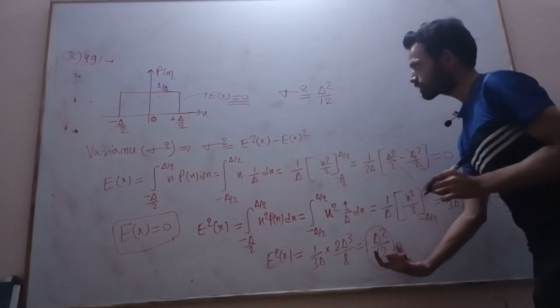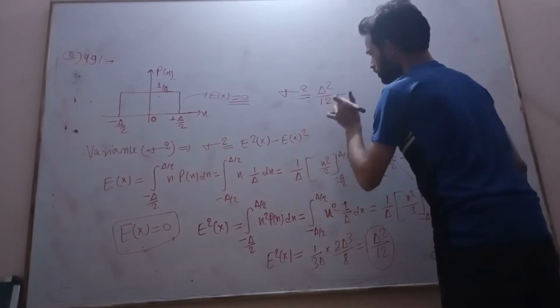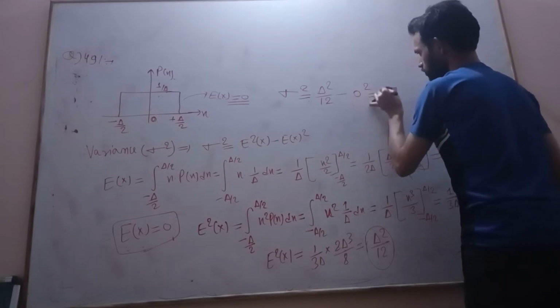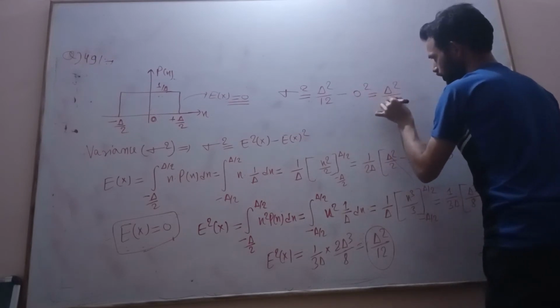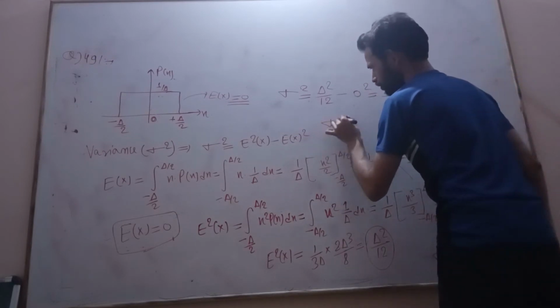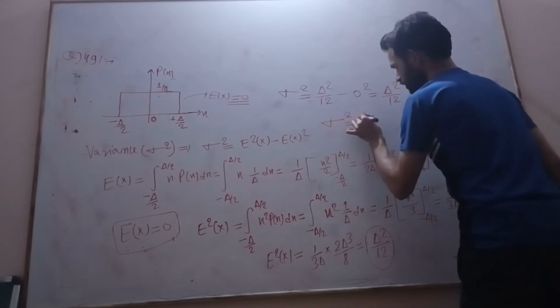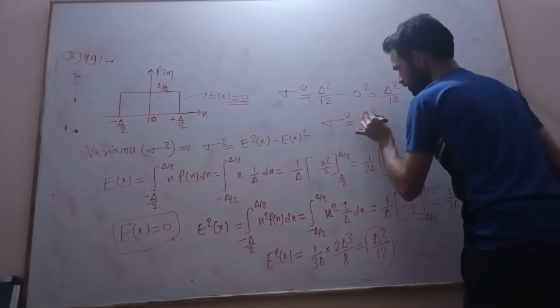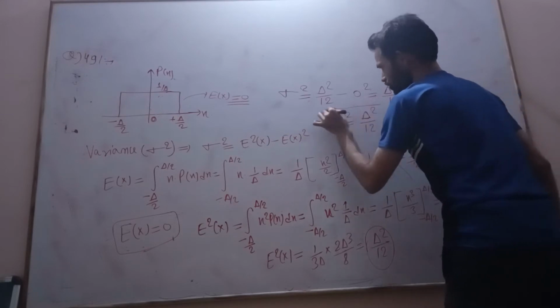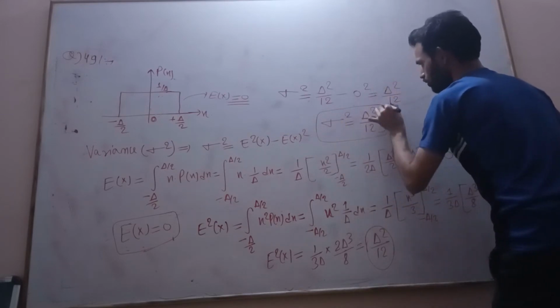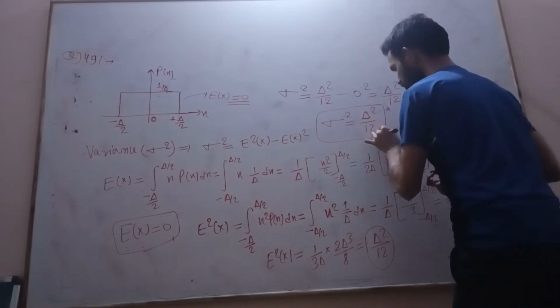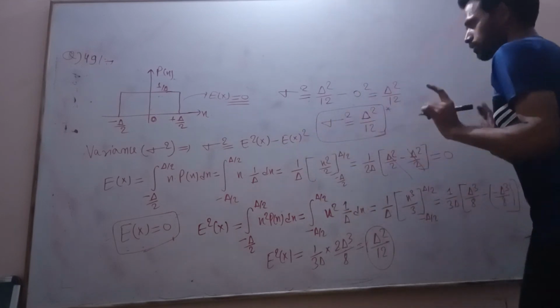This is my mean square value. Now put it in the variance: variance is mean square value, delta square by 12, minus mean square, which is 0 square. So the variance is delta square by 12.